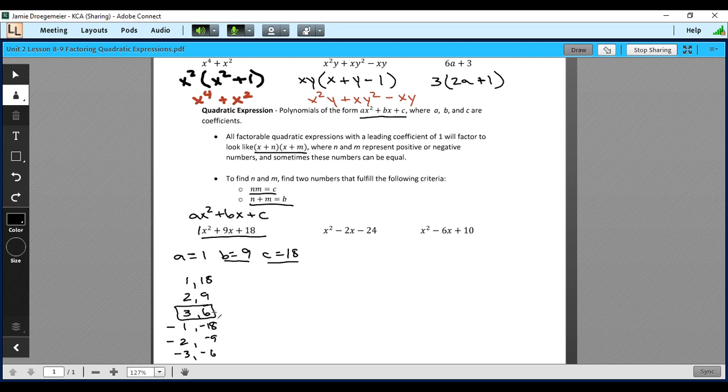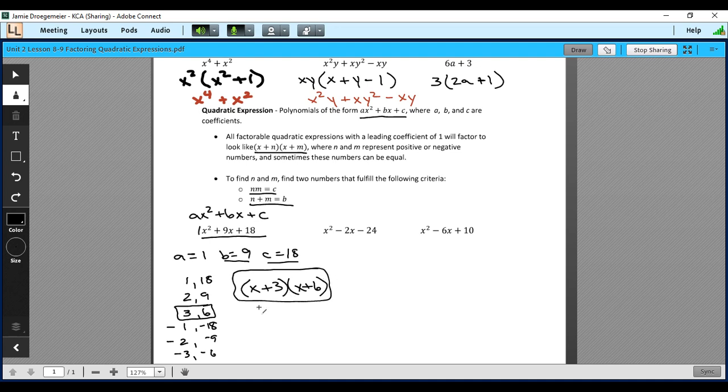That tells us those are my numbers that represent n and m. So my factored form of that quadratic expression is going to be x plus 3 times x plus 6.